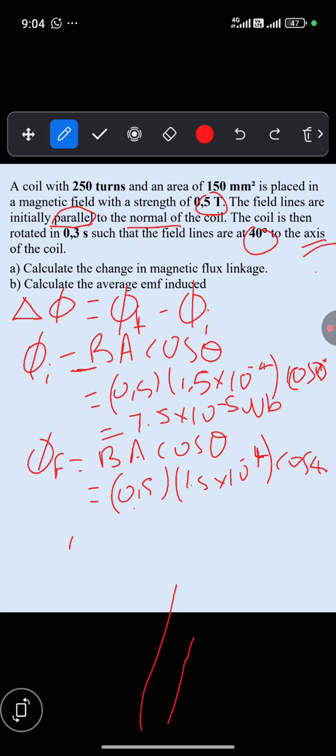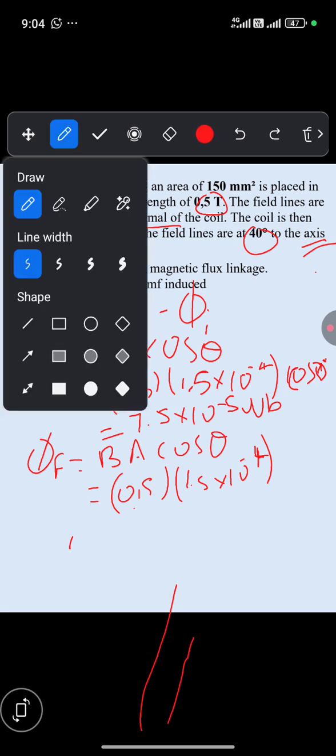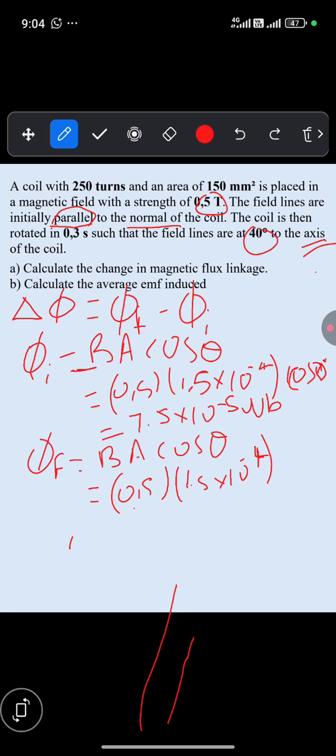We write 40 degrees as our angle. So that is cos 40 degrees.